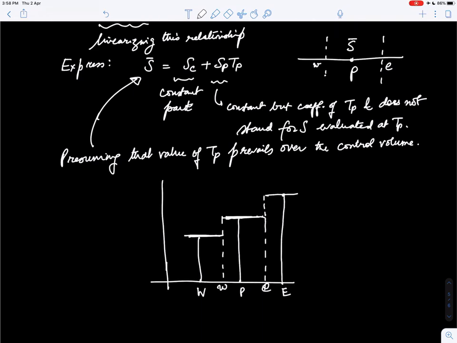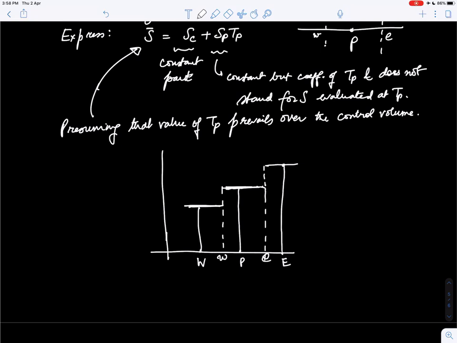Now, how do we know that it is a stepwise profile? If you look at the integral of S dx between W and E, we are writing this as S bar delta x.